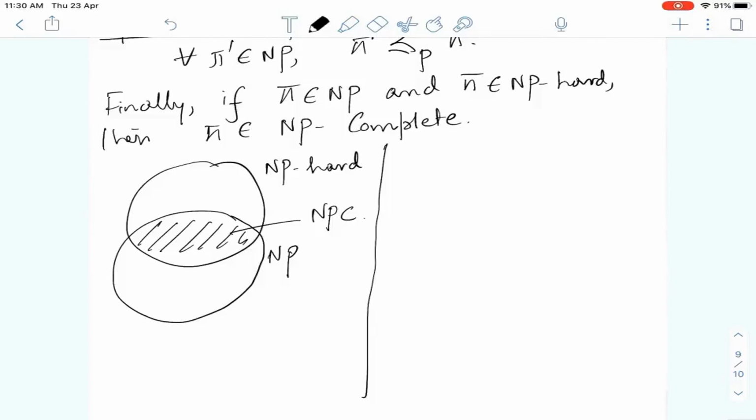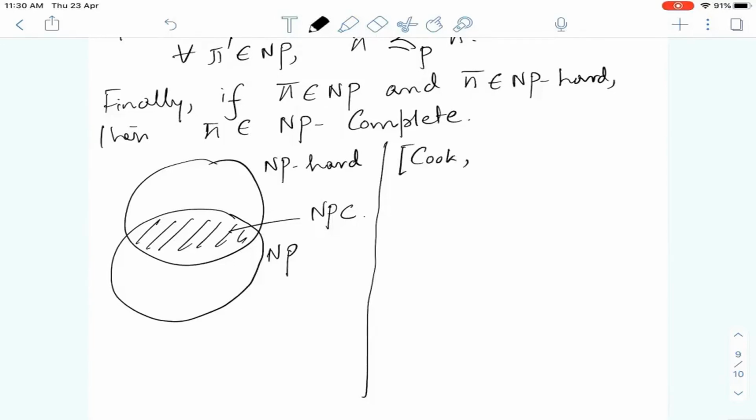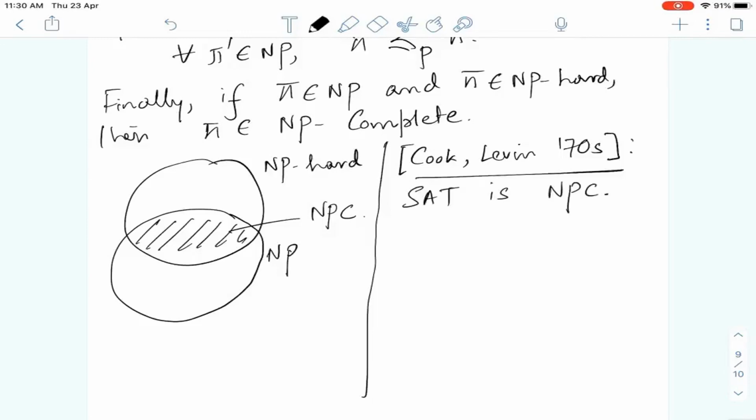So Cook and Levin, somewhere in the 70s, proved that SAT is NPC. Okay. So Cook and Levin proved that this problem satisfiability is in fact an NP complete problem.